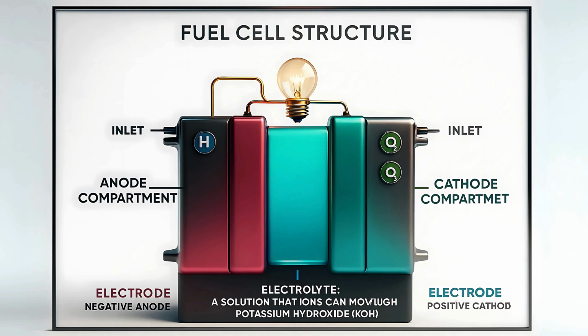Now that we understand the structure, let's move on to how a hydrogen-oxygen fuel cell actually works. When hydrogen gas enters the anode compartment, it meets the anode catalyst and undergoes oxidation. This means that each hydrogen atom loses an electron and becomes a hydrogen ion. The electrons that are lost travel around the outer wire toward the cathode, while the hydrogen ions pass through the electrolyte toward the same side.